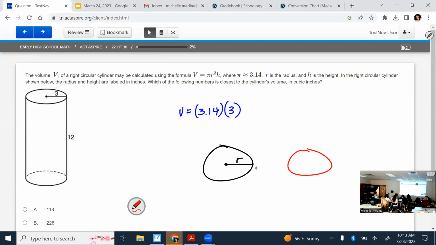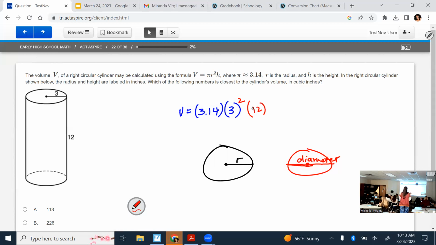Across the whole circle, going through the center, and I'm really bad at drawing, would be the diameter. So if they gave you the diameter, I would have to know that radius is half of that and vice versa. So V equals pi r squared, so we'll need to square that radius, and then times the height, which is what? 12.